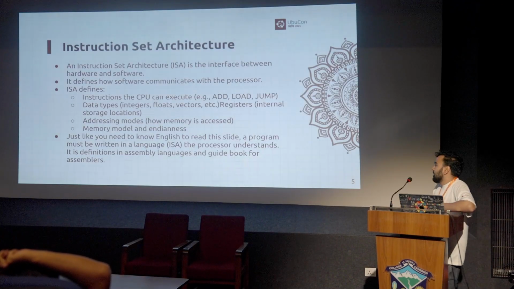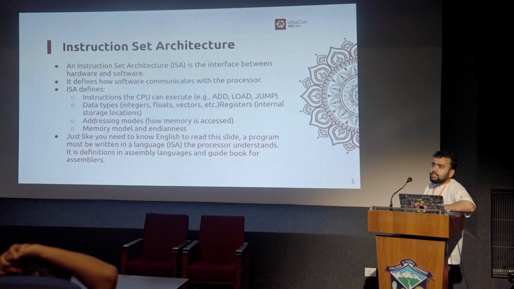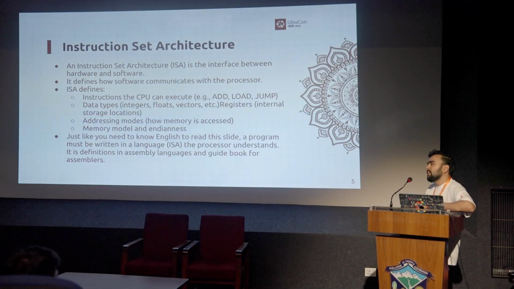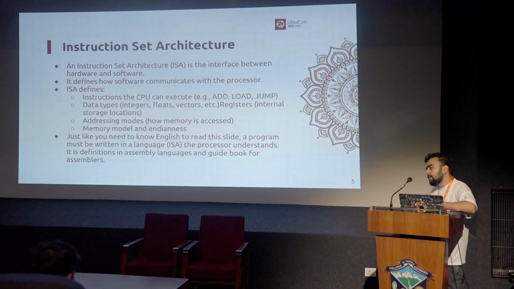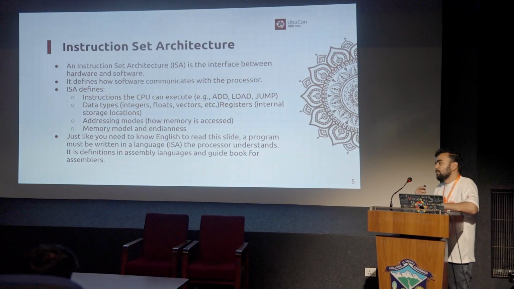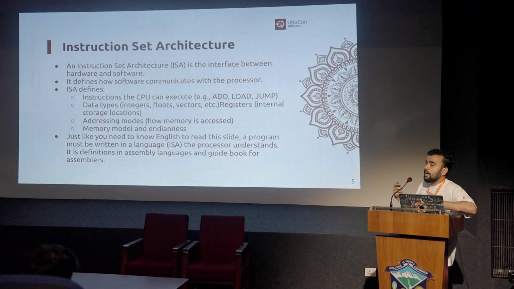And memory models. Just like English is a primary language for communication, ISA is the language for communication between software and hardware. That's the language the processor understands, and in assembly language and guidebooks for assemblers, that's the primarily used thing.